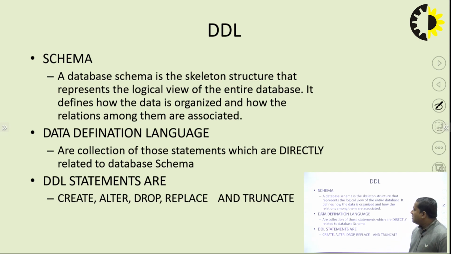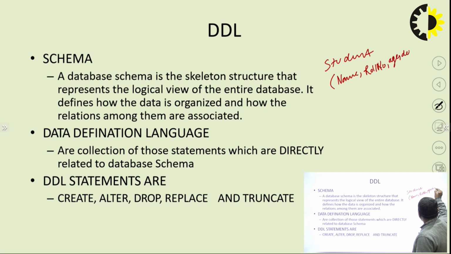For instance, if you are discussing a table student, so if in our database there is a relation termed as student, it will have certain fields such as student name, roll number, age, department, and suppose one more attribute, city. So basically the student relation is defined in terms of its fields: name, roll number, age, department and city.